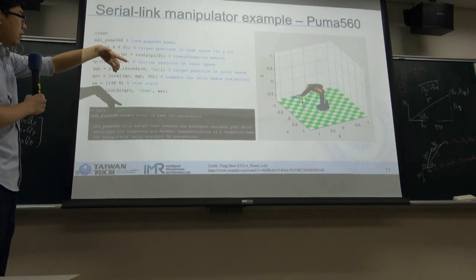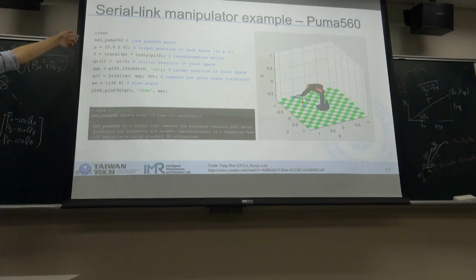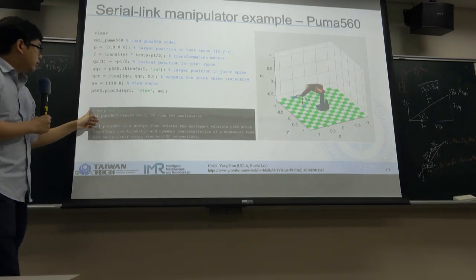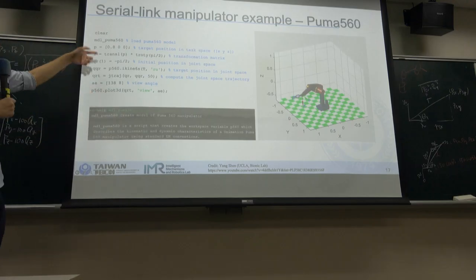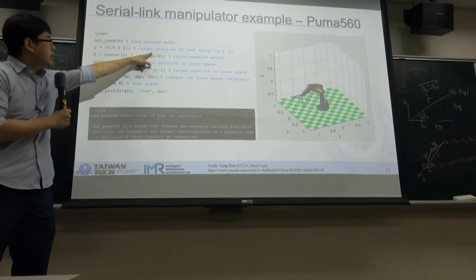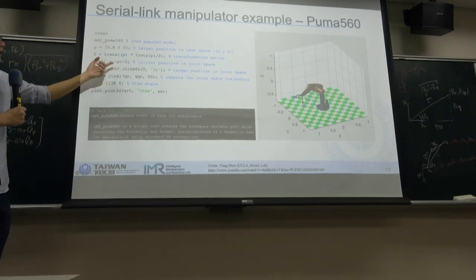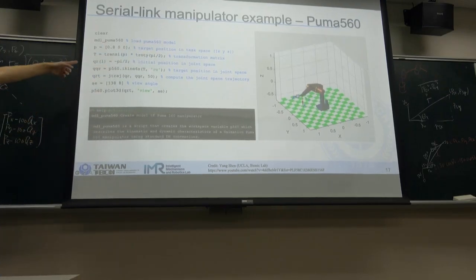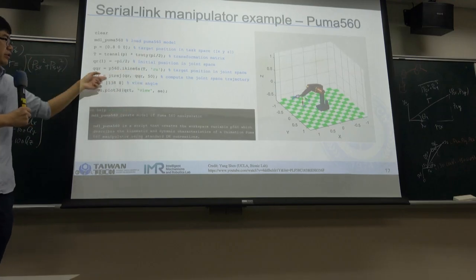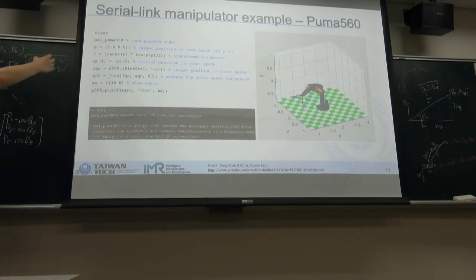So if you open the toolbox, you can see here, you can create a model, then you can set the input, the target, this one is the target's position, and you solve the joint space trajectory, or you want to calculate the inverse kinematics or the forward kinematics.